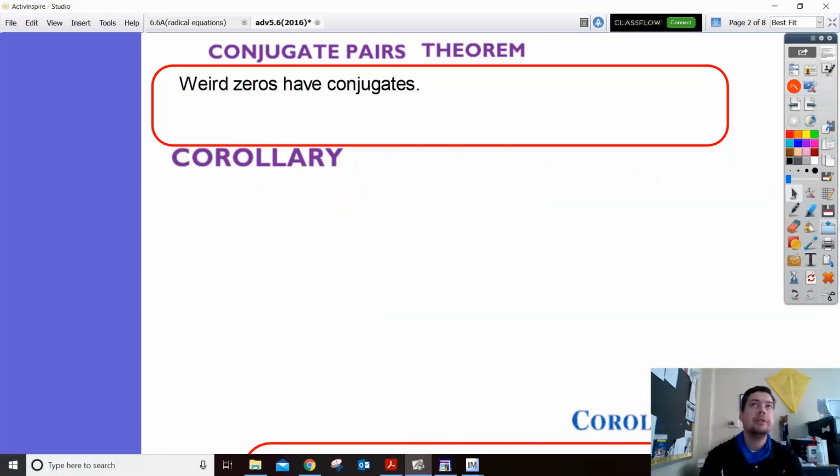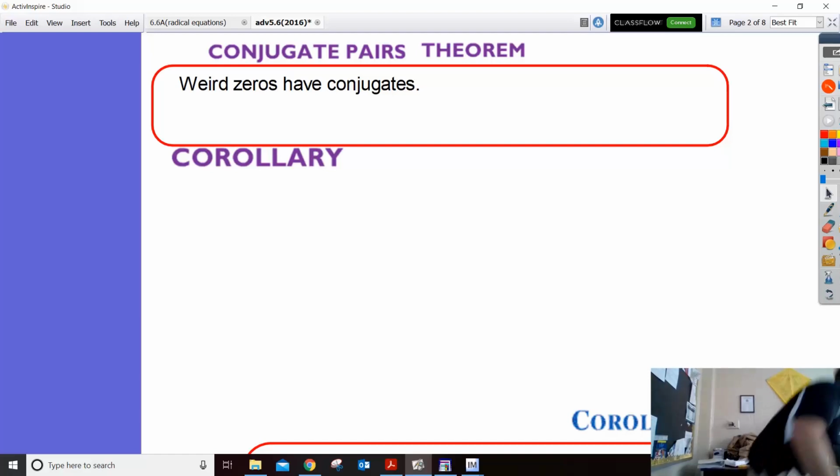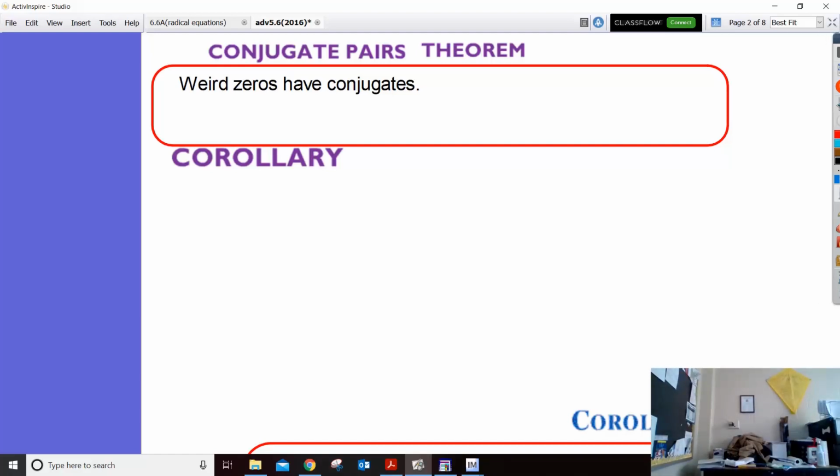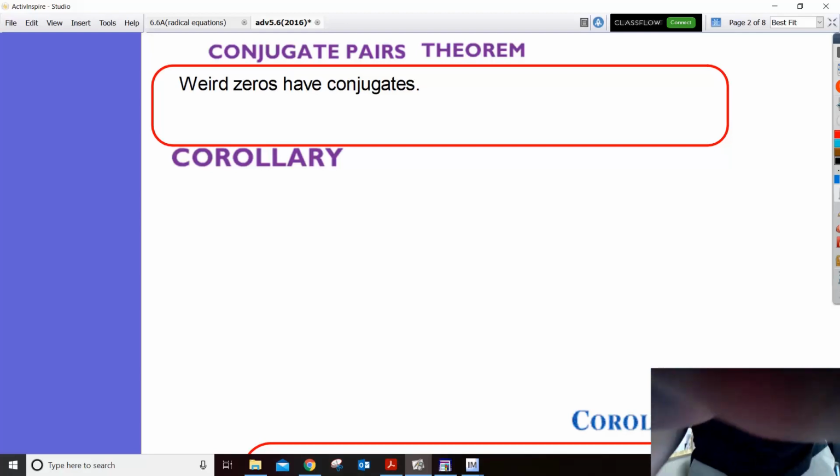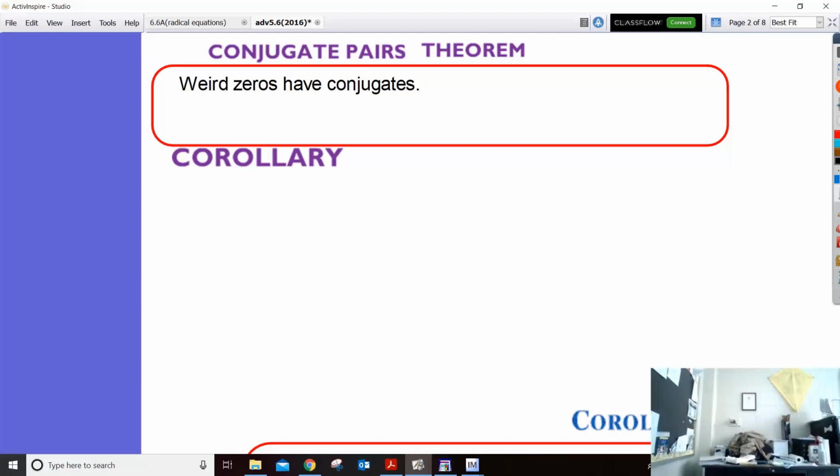Weird zeros have conjugates. And this deals with complex numbers, but it can be anything that looks funny. In this section, they primarily give you complex numbers.